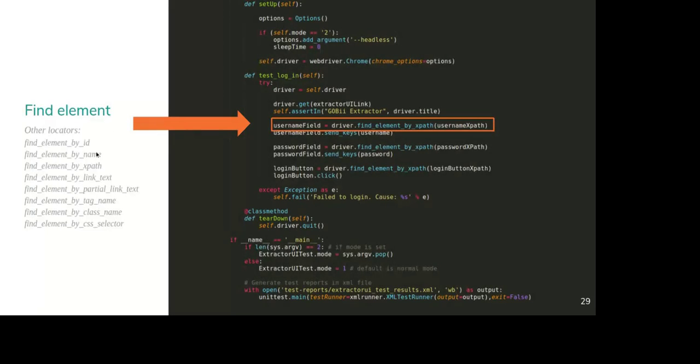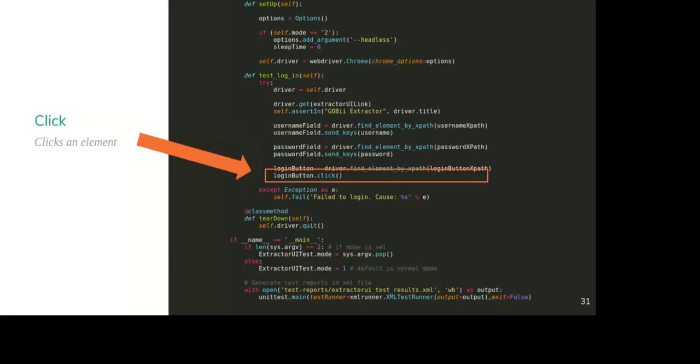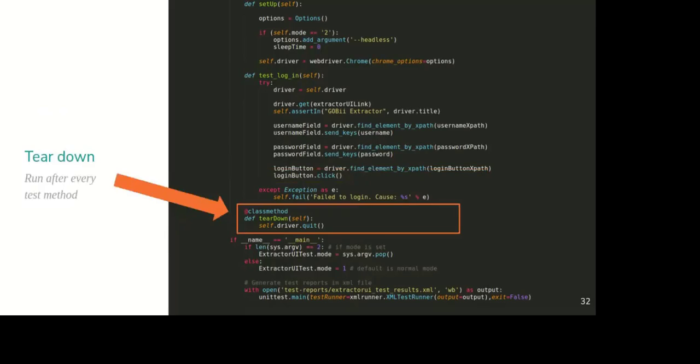You can find by ID, by name, XPath, link text, partial link text, tag name, class name, or CSS selector. So many options. Then send keys, which just mimics the user behavior of typing in an input field. Then click, which basically clicks an element, and then the teardown, which is run for every test case.